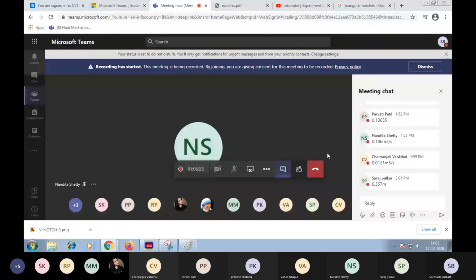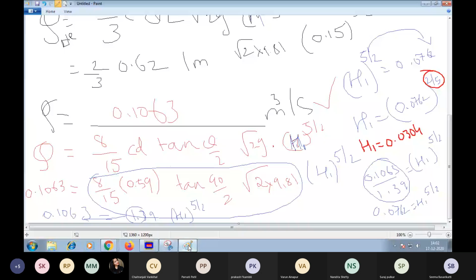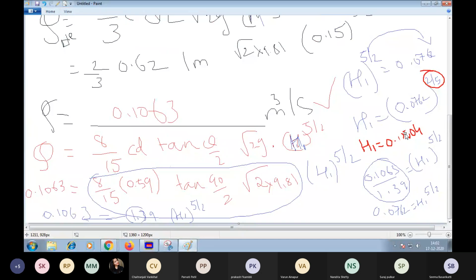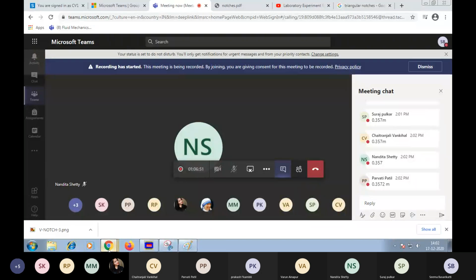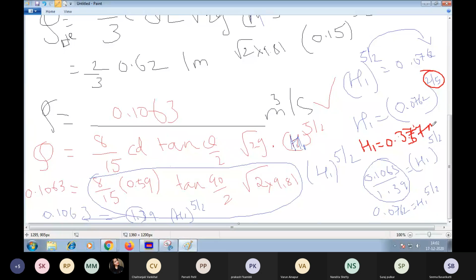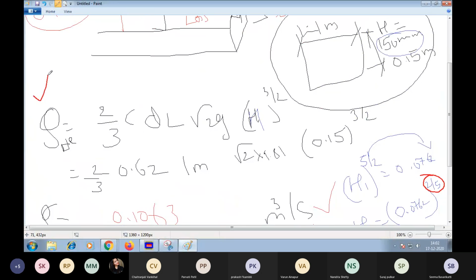Any other answers? 0.357 meter is the answer. Okay, understood this problem? Mark it as important.